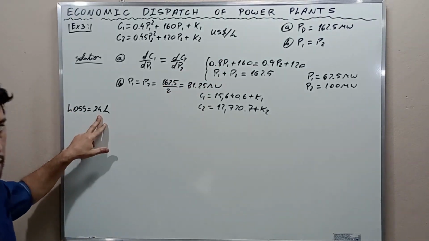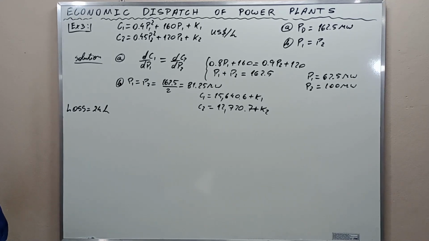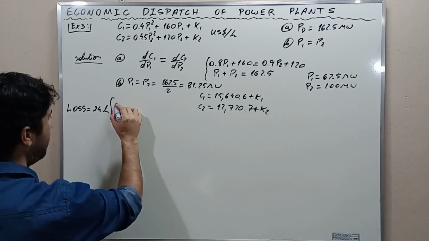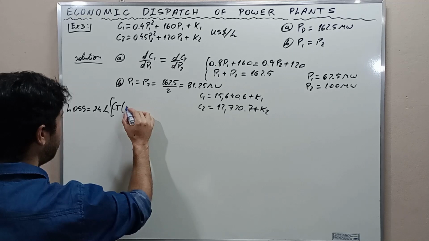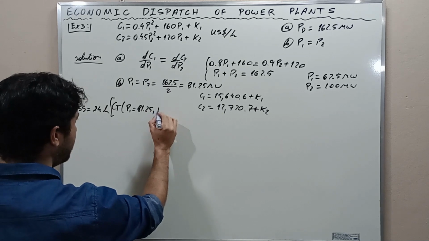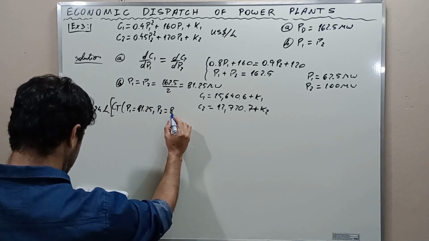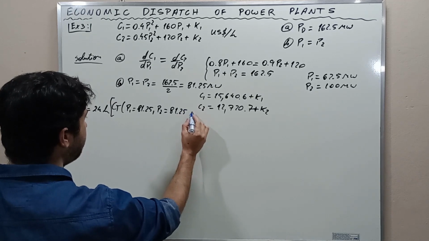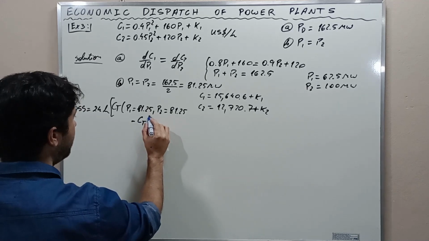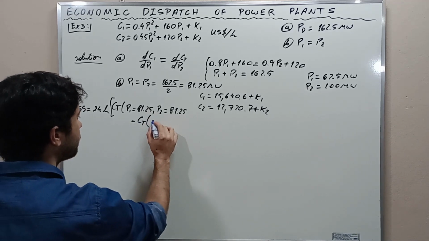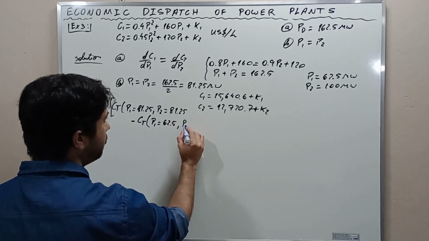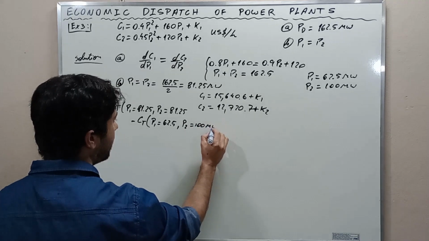If we want the daily financial loss, we have to multiply by 24 hours, and it is going to be the difference between CT when P1 is equal to 81.25 and P2 equal to 81.25 minus CT when P1 is equal to 62.5 and P2 is equal to 100 megawatts.